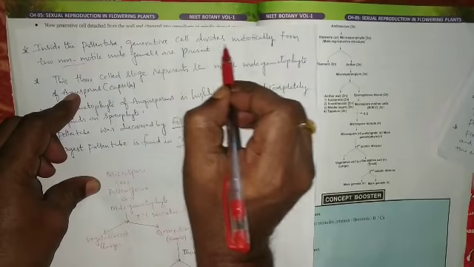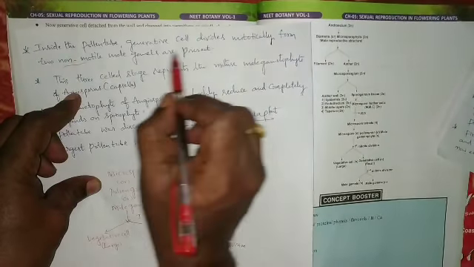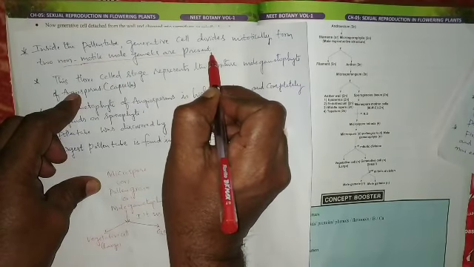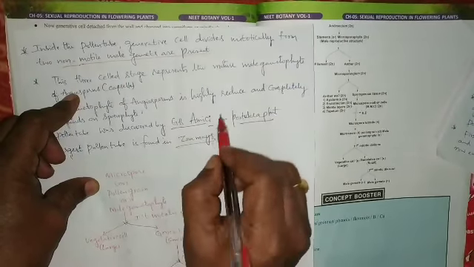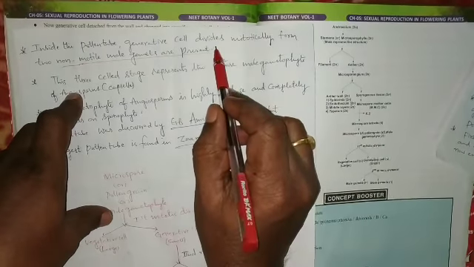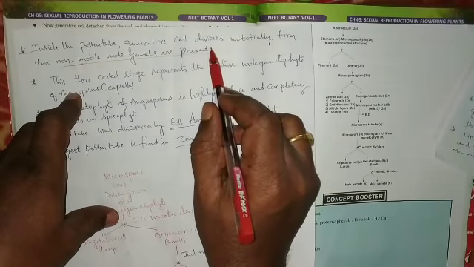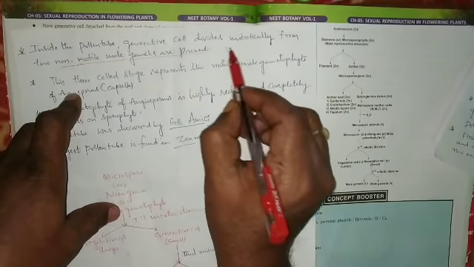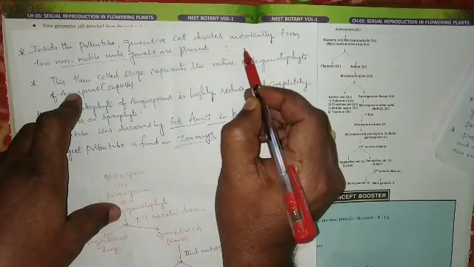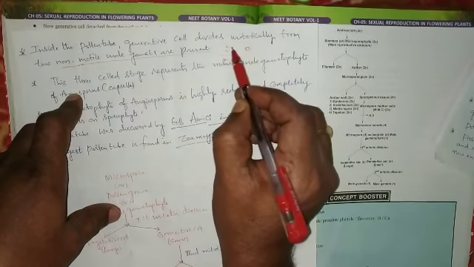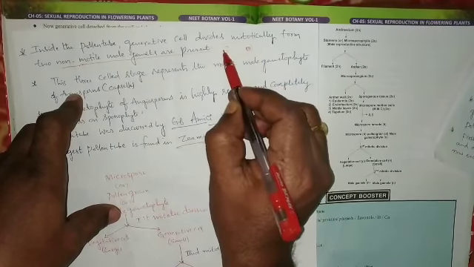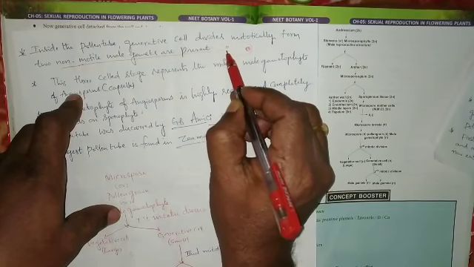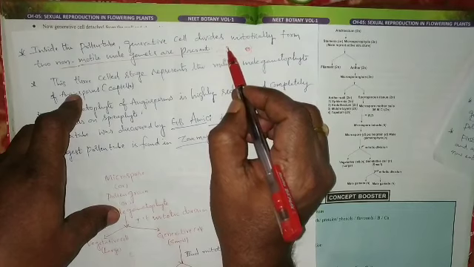Actually in the pollen tube the vegetative nucleus, the vegetative cell and the generative cell are present. The generative cell divides mitotically and forms two non-motile male gametes.